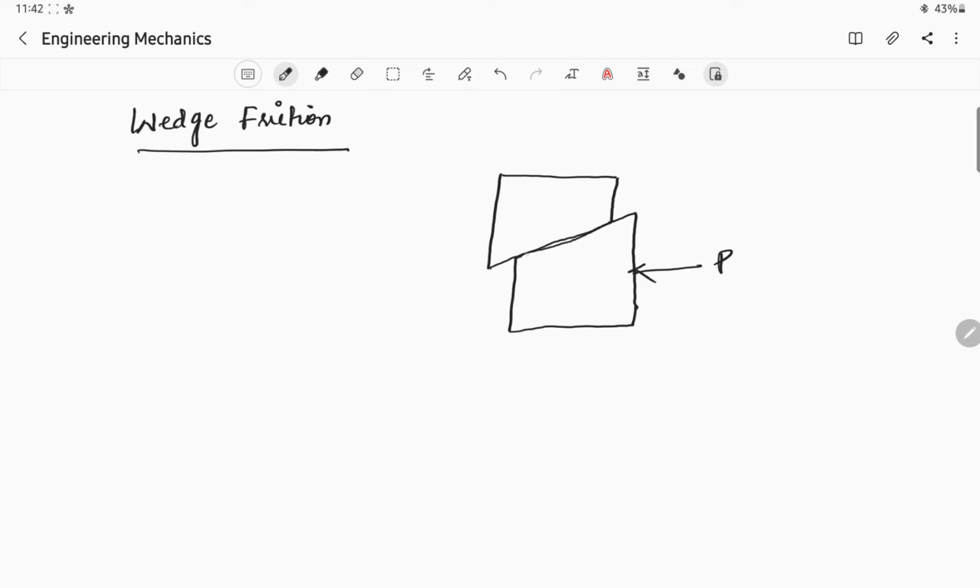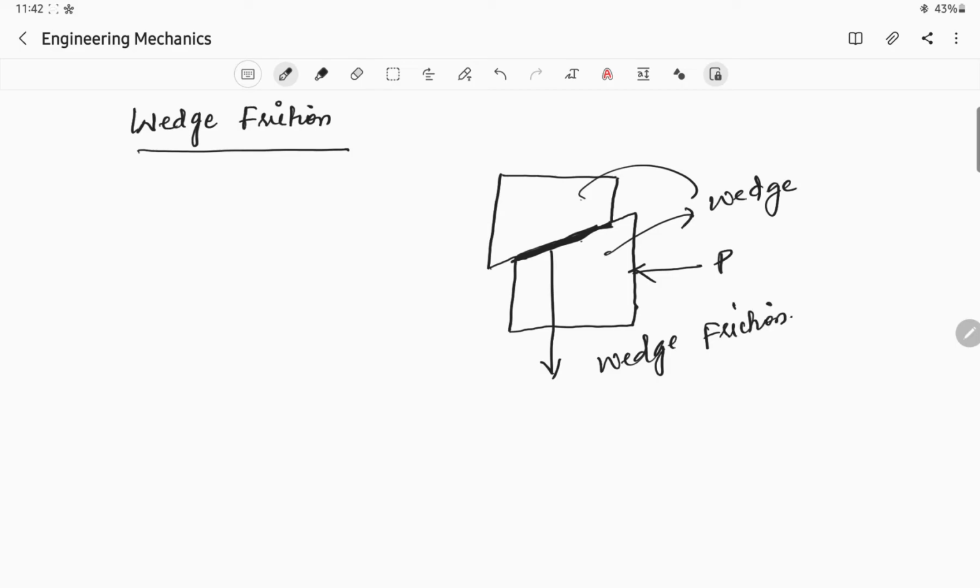So there will be some friction acting between these two bodies. These bodies are said to be a wedge, and the friction between these two bodies is said to be wedge friction. So we'll take down one problem related to wedge friction now.